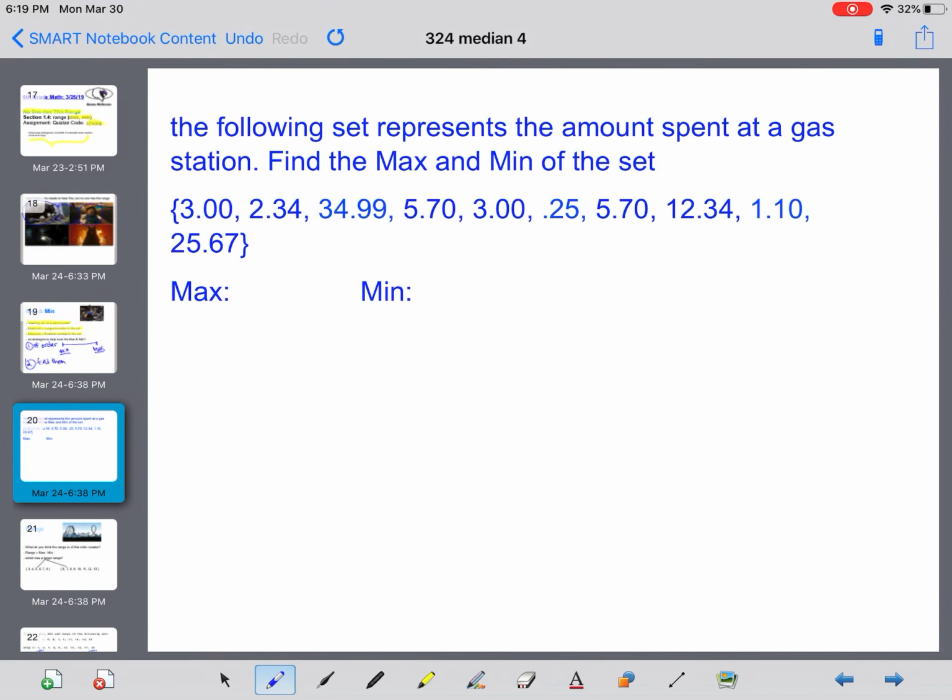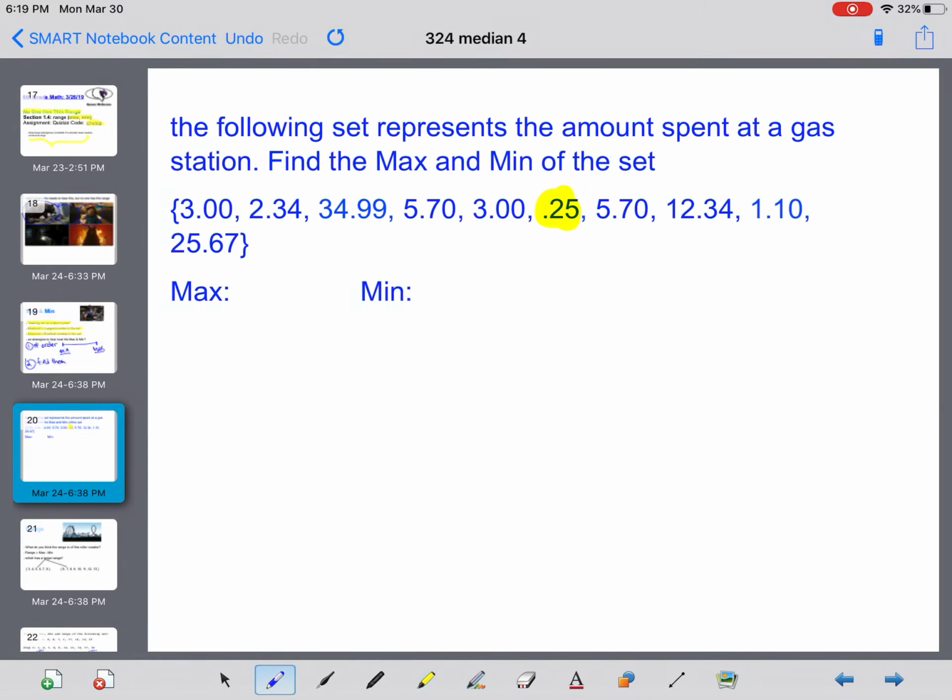So looking at this, we need to find the max and min of this data set. And it's the amount of money spent at a gas station. So one thing I would do is I would look: do you have any number smaller than 3? Well, $2.34 are. Well, then we have right here 25 cents.